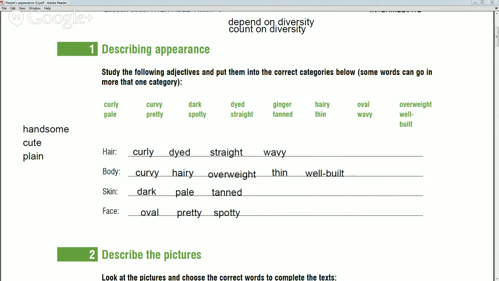What else can I use? I think I have a thin body. Do you have curly hair? No. Your hair is straight? Yeah. Okay. And is it straight black hair or straight brown hair? It's straight black hair.